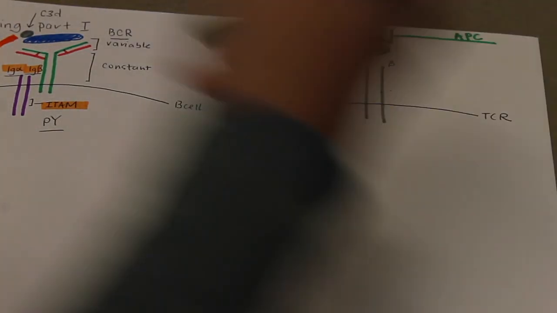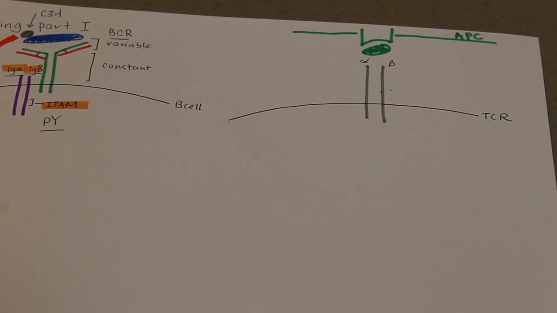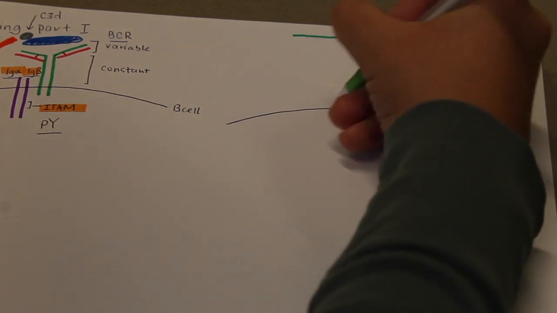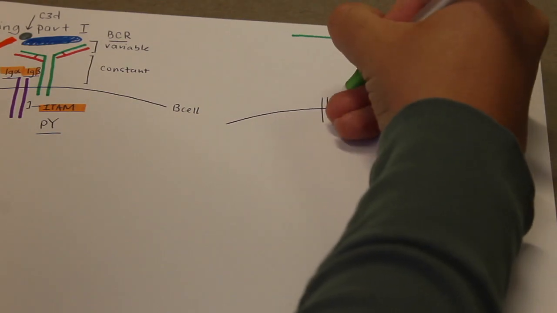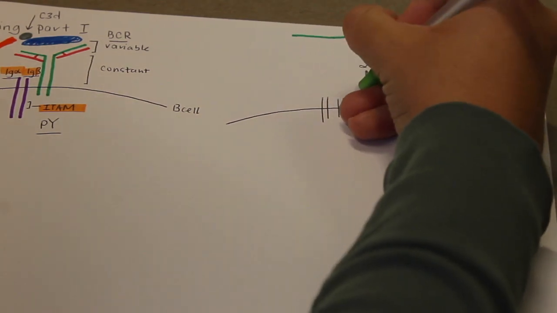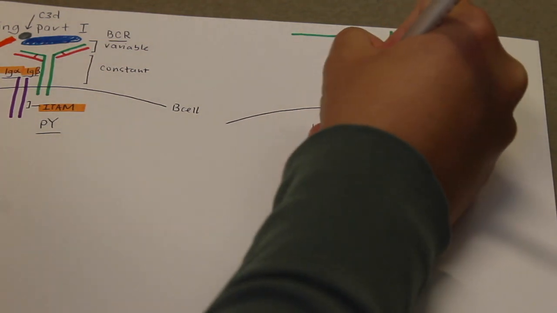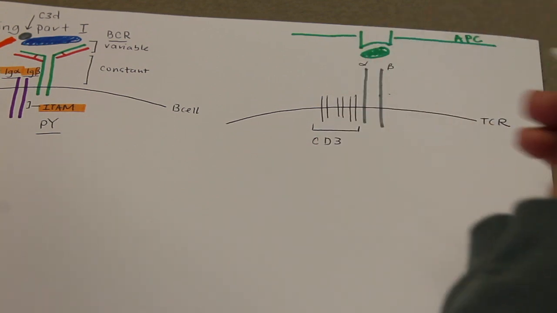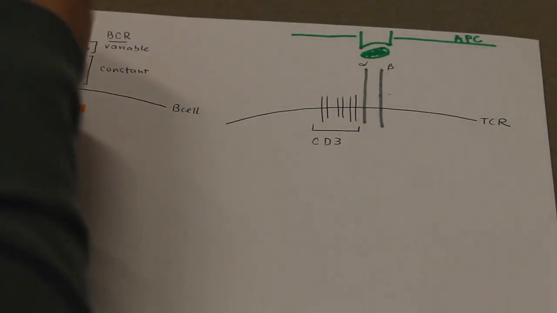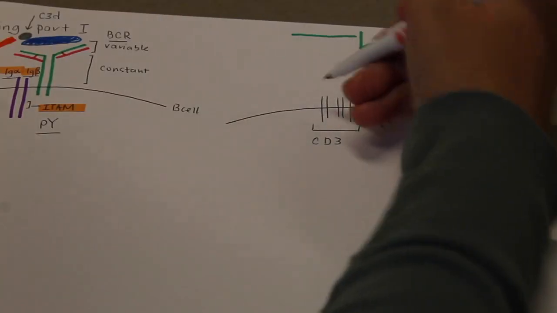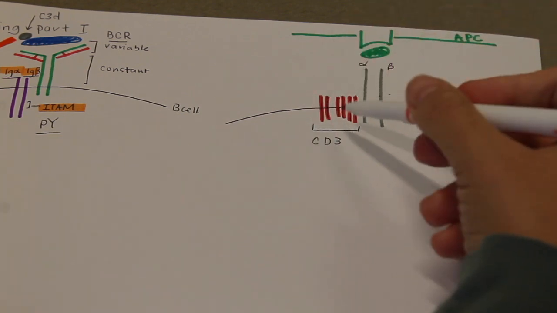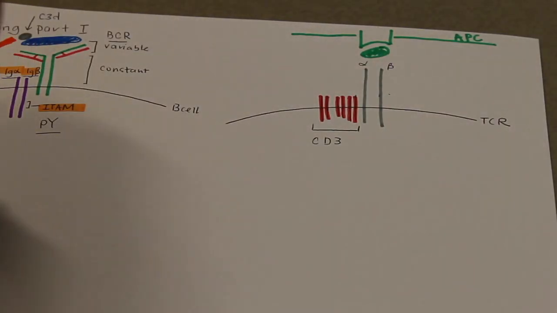Again, this alone doesn't cause signaling, but instead we have a co-receptor complex that's going to propagate the signal within the cell. We have a couple key players here. We have CD3, which is made up of six proteins. I'm drawing it on this side of the membrane, but it's actually surrounding the T cell receptor.